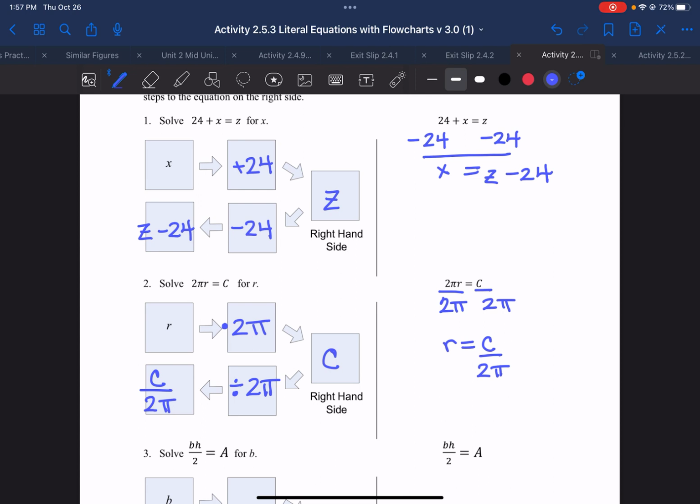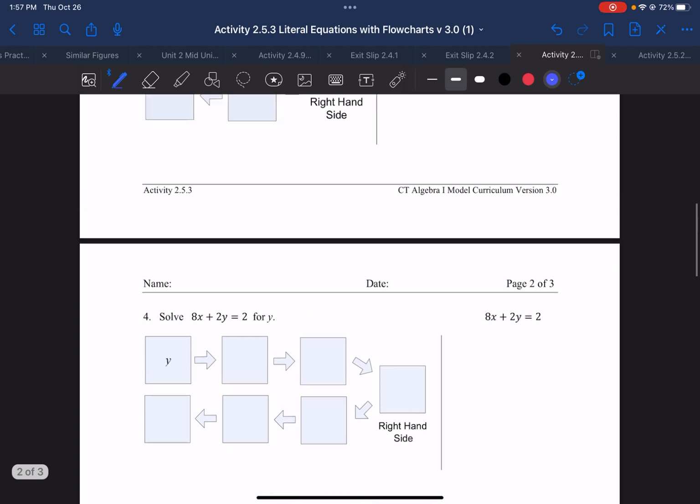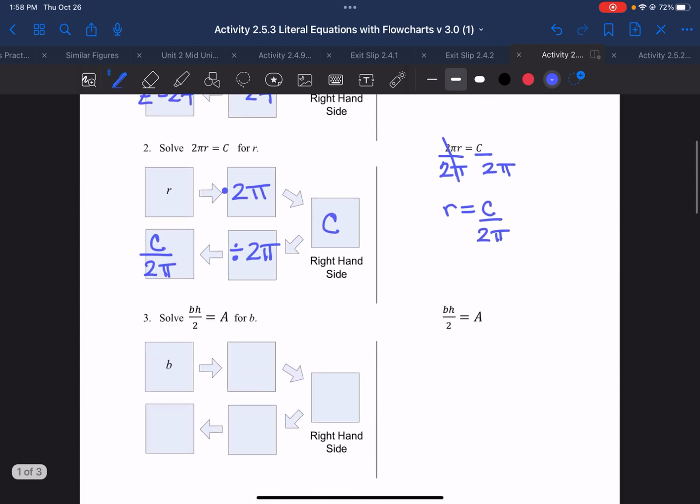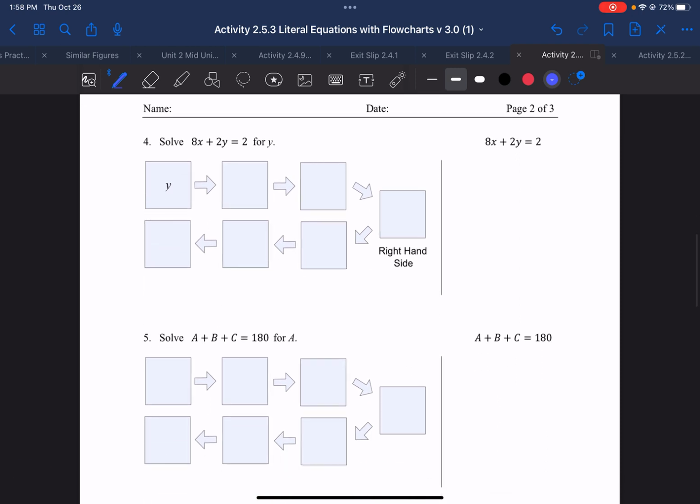Okay, because over here, 2 pi divided by 2 pi will cancel and we'll be left with r. All right, I will do one more, but I'll have you solve 3 on your own, and I will solve one of these ones, a multi-step one.